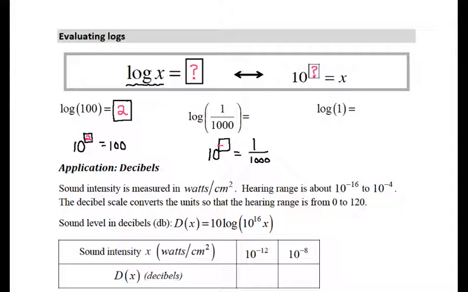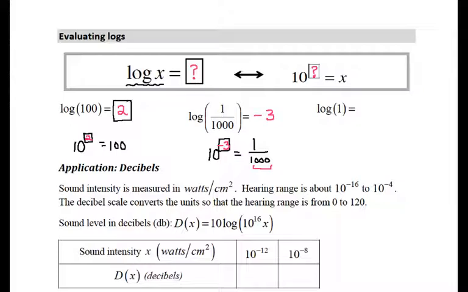I would take the reciprocal of this 10 if I had a negative power. Then I ask myself how many zeros, right? Because that tells us what overall power of 10 we have with or without the reciprocal, and that's 3. So it looks like I would raise 10 to the power negative 3 to get this, and therefore the log of 1 over 1000 is equal to negative 3.